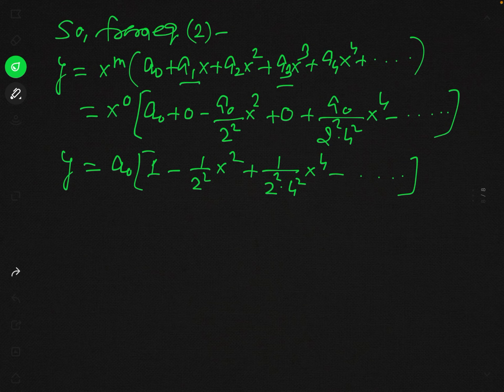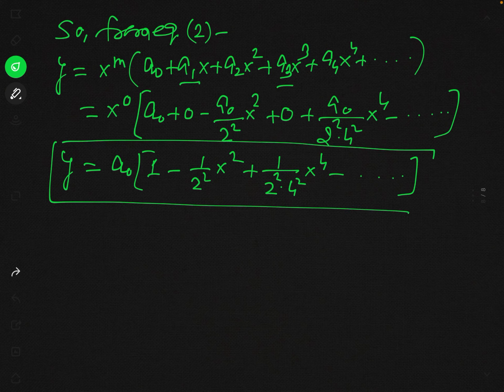Actually, this is the solution of Bessel equation of zeroth order. Now, you know that this A naught is an arbitrary constant. So, we can take any value of this A naught.